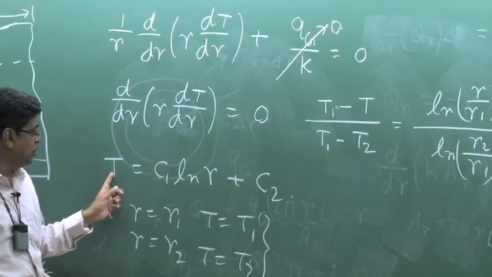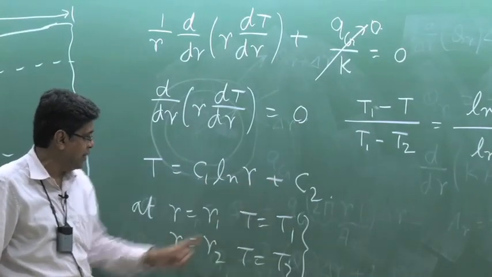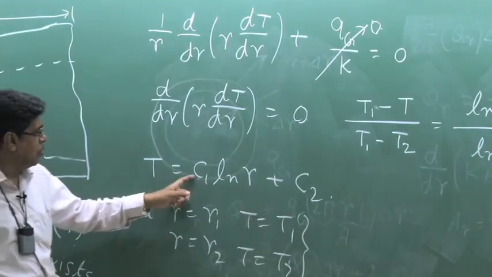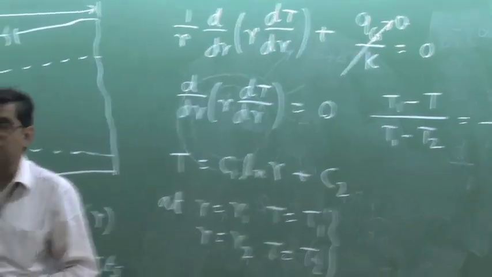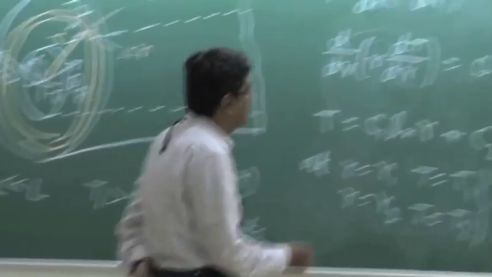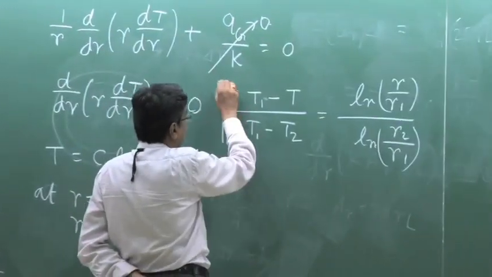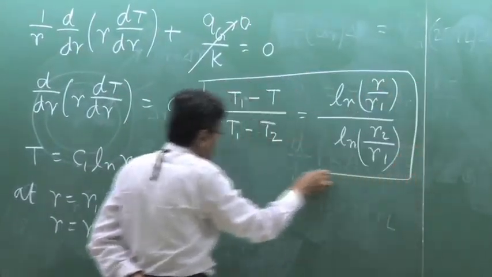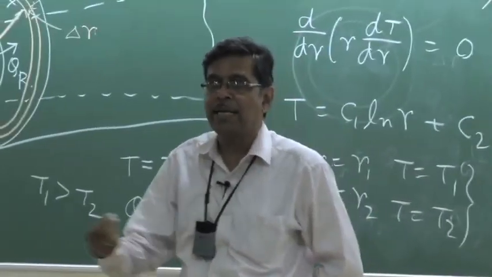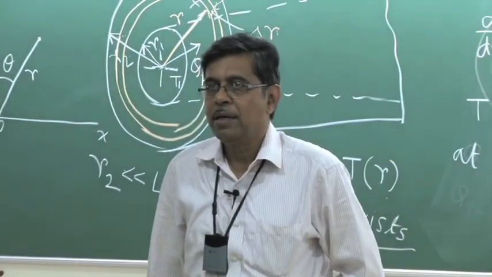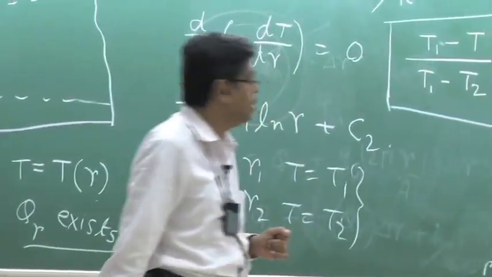T equal to T1 is C1 ln r1 plus C2, and T2 is C1 ln r2 plus C2. And you can find out C1, C2, and finally you get this as the logarithmic distribution. This is the temperature variation with r. It cannot be linear because here the area is varying in a way that it is directly proportional to r.